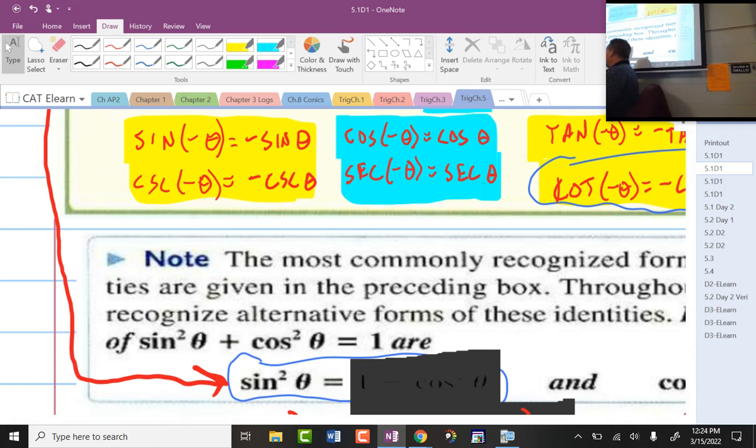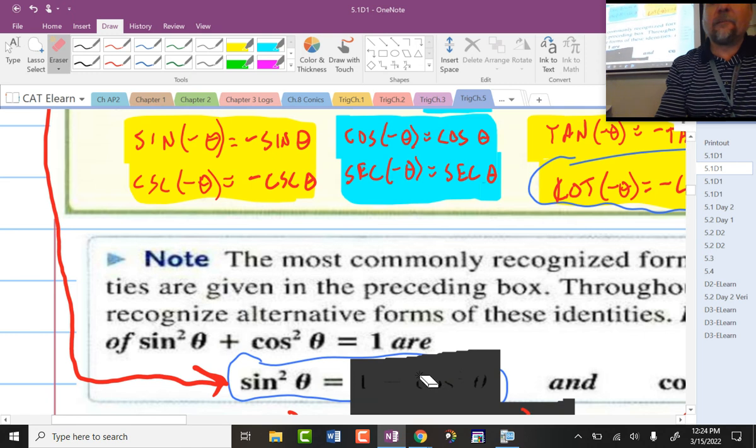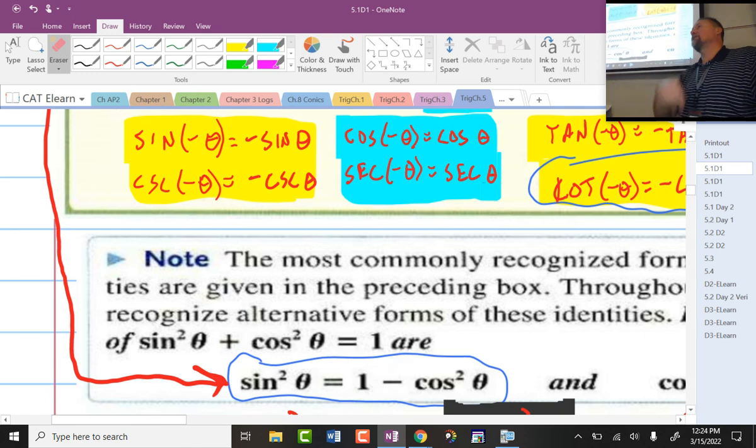All I'm asking is, if this gets reshuffled, what would I have to do to get sine squared by itself? Subtract cosine squared. So what does sine squared equal? 1 minus cosine squared.